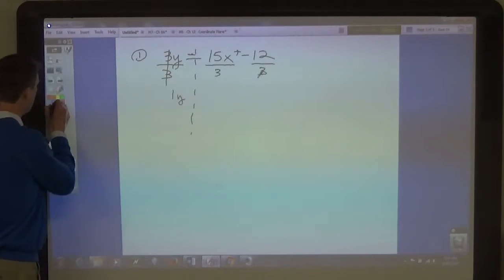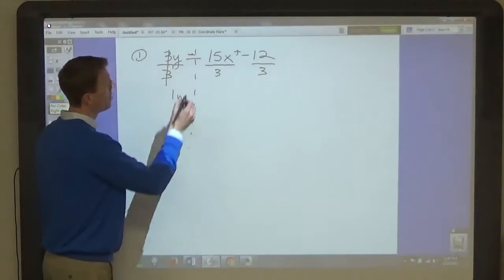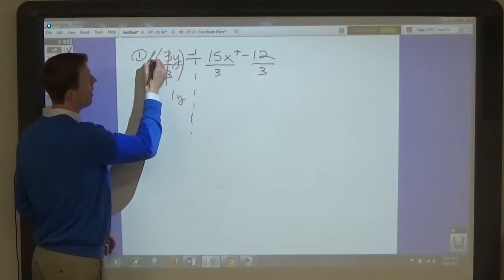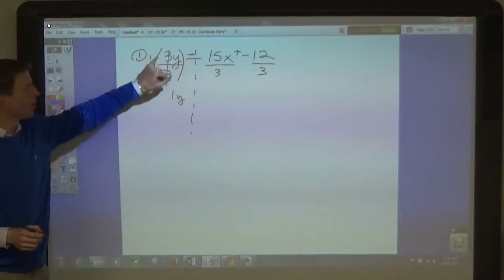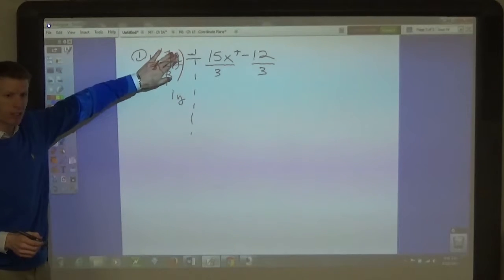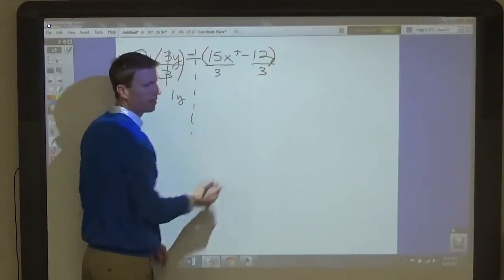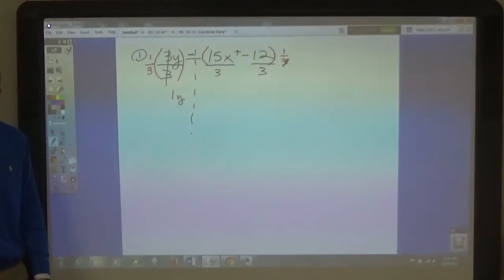Here's why. And this is something that you're going to have to do next year when you're doing algebra. Dividing by 3 is the same as multiplying by 1/3, right? Multiplying by 1/3 and dividing by 3 are the same thing. So really what we're doing is multiplying this whole side by 1/3, and in order to do that, you put parentheses around it, and then distribute the 1/3.